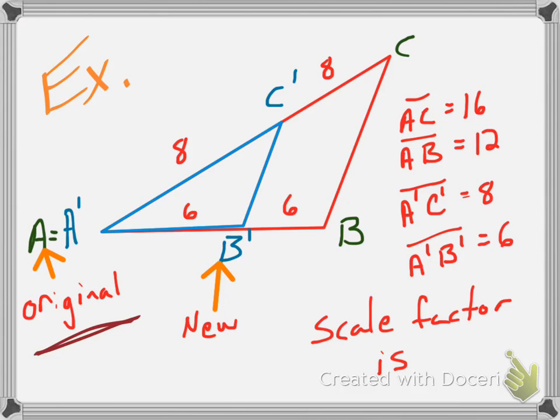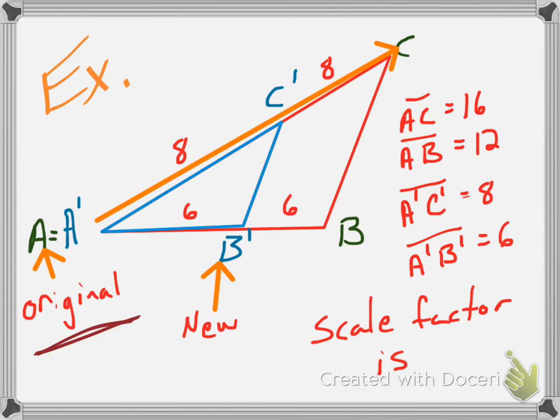Alright. So, this one, the A, now that we're over here, the AC is 16. That means it goes from here to here. That's 16.